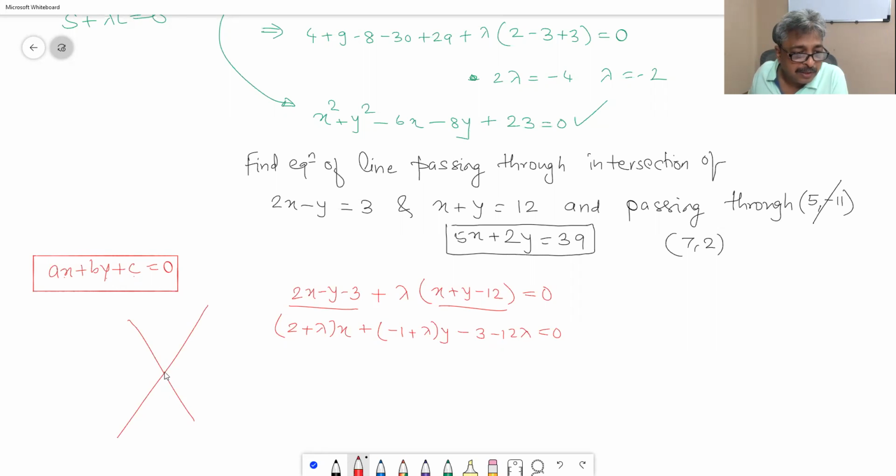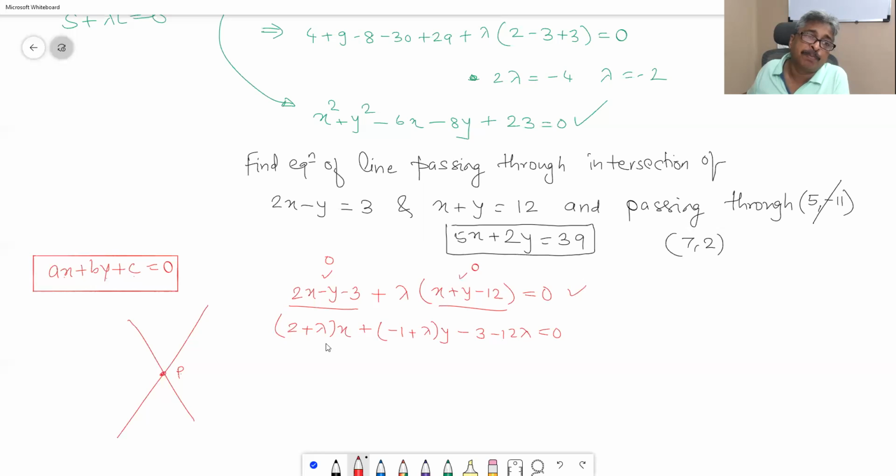Then does the point of intersection P satisfy this equation? Yes. Point P satisfies this, it makes it 0. So 0 plus lambda times 0 is 0. So point P satisfies this, and it is an equation of a straight line.